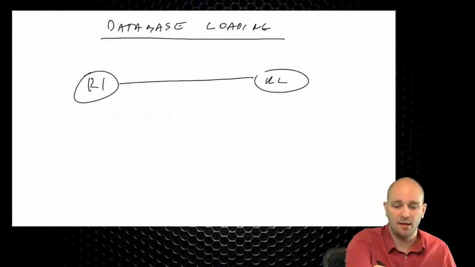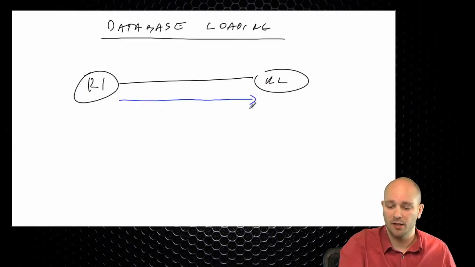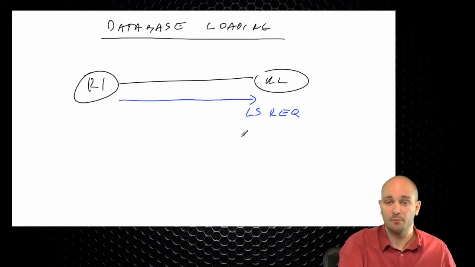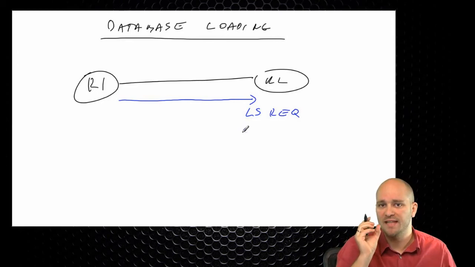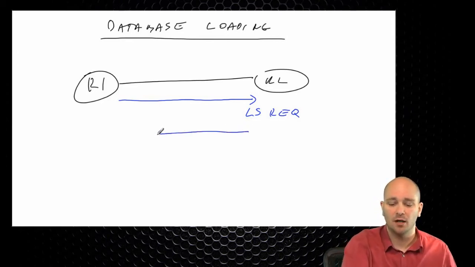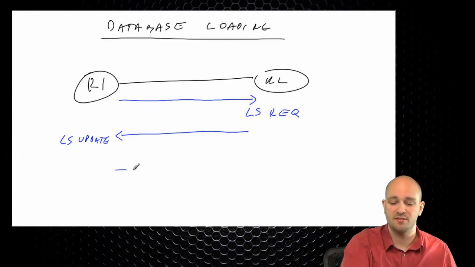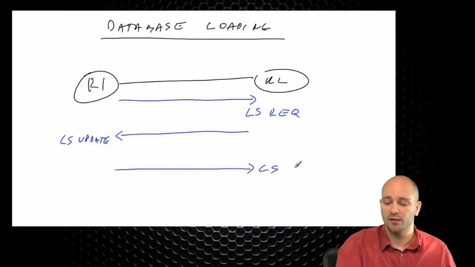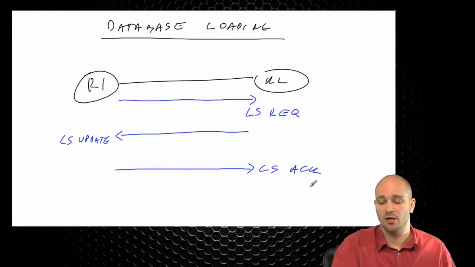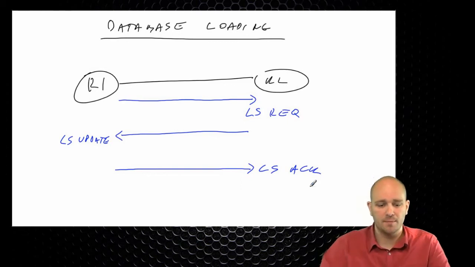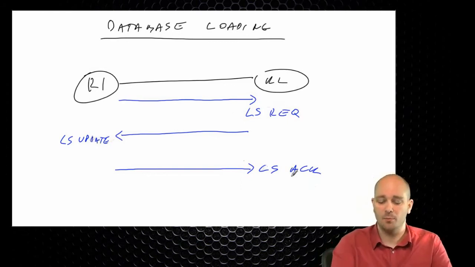So basically, R1 is first going to send something that is called link state request. So it is going to request a particular LSA, particular content, particular data from the database. To that, R2 is going to respond with something we call link state update. And when we have received this information, we are going to acknowledge that we have received this information with the link state acknowledgement. So these are separate packet types.